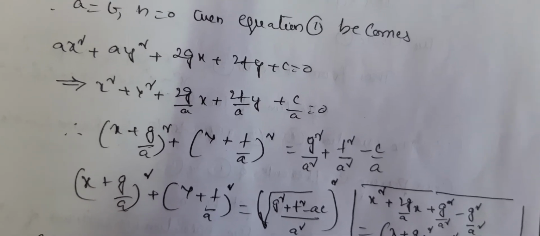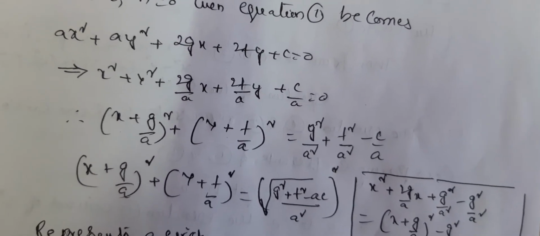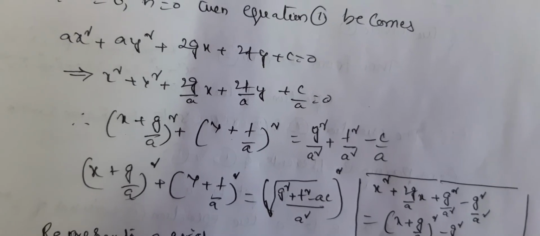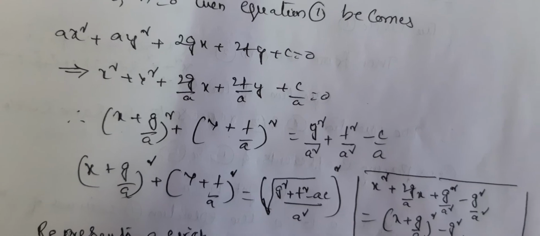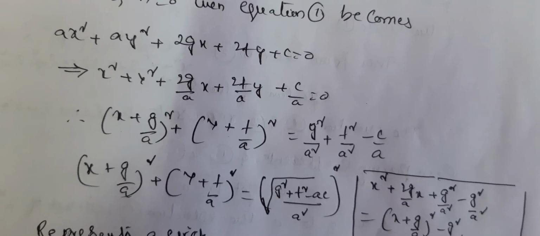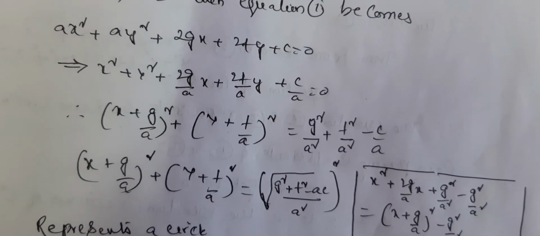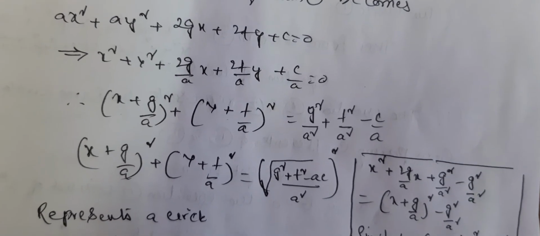So here when you see the left side, we are writing x square plus 2g by a x, and we are adding g squared by a square and subtracting. Hence the equation becomes x plus g by a whole square minus g squared by a square.